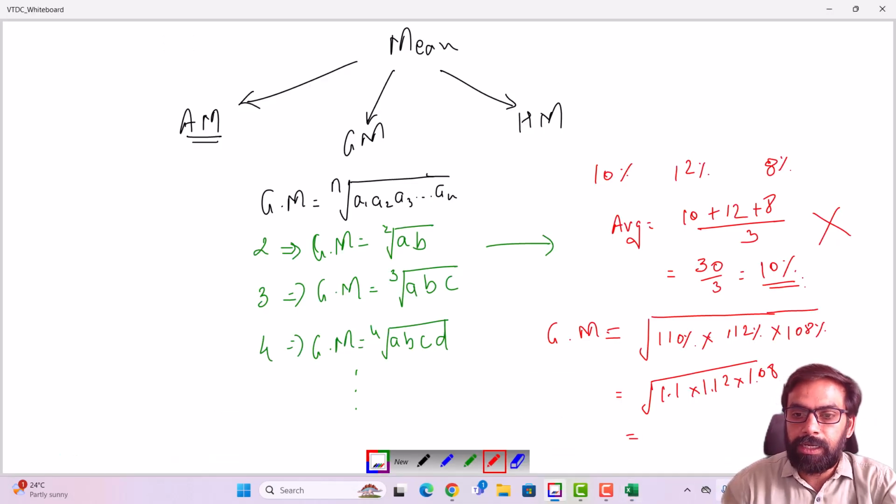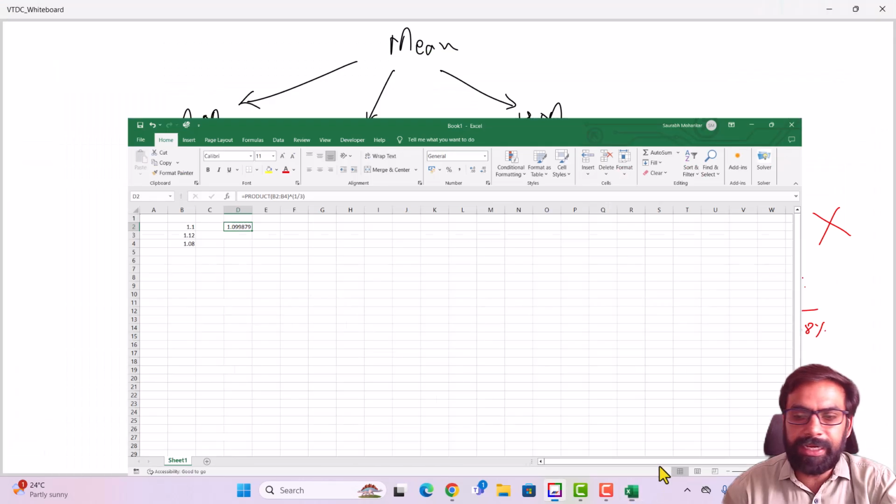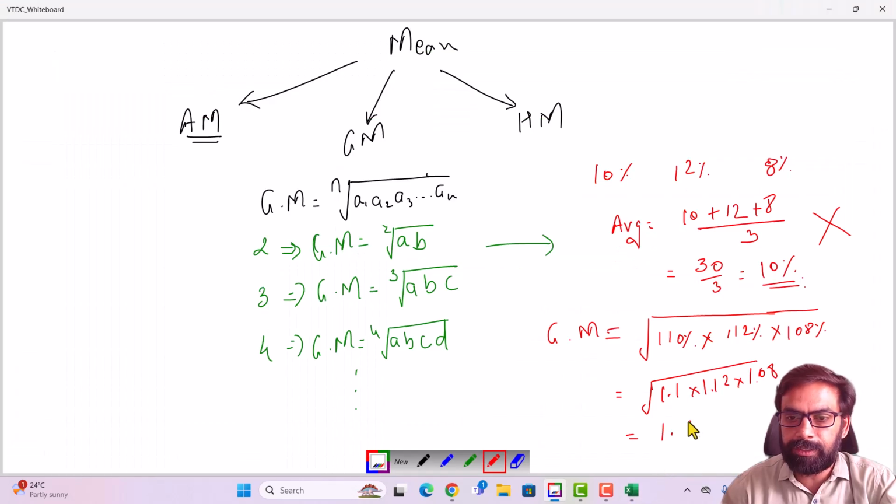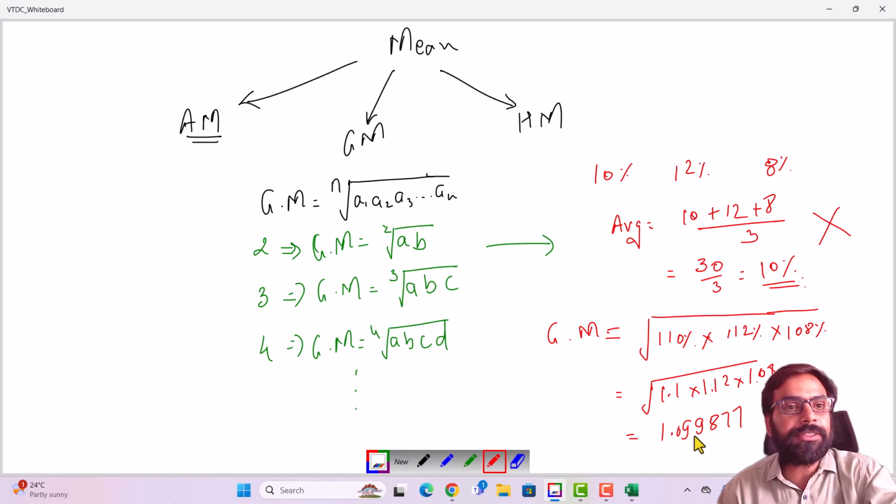Now, this is how much was it? 1.099879, my bad. So I can say that the money became almost 109% of itself every year.